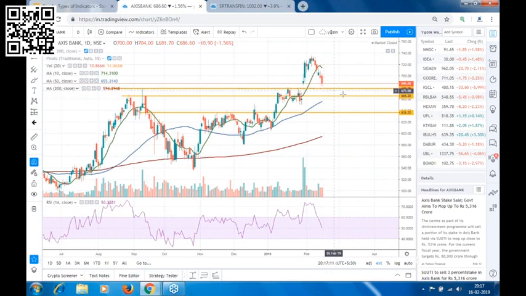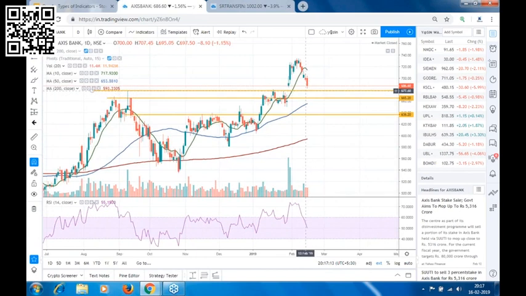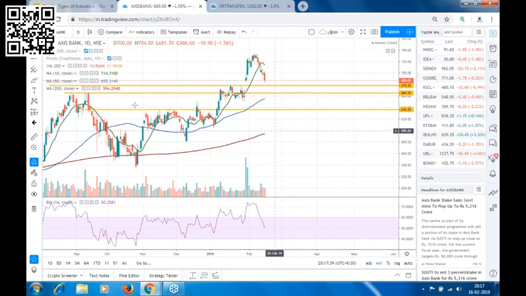If Axis Bank goes below 678, then this can be a good shorting opportunity for us, because as I told you, whatever is your support, once it is broken, that acts as your resistance, and when resistance is broken, that acts as your support. So now the stock is at 686. So around 678 to 680 we can see a support in the stock. So once that support is broken, then this can be a good shorting opportunity for us.